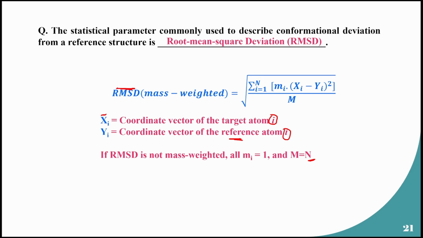But the thing is, from a reference structure, let's say we are talking about some sort of loop, right? So let's say a loop was positioned in this particular region of the protein, in this particular position initially. Now let's say you have run a simulation and you are seeing different changes throughout the simulation, of course, because loops tend to fluctuate, right?